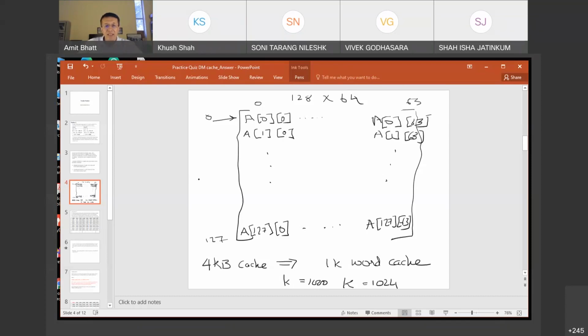So if I say 1 KB, I will never play this trick on you.